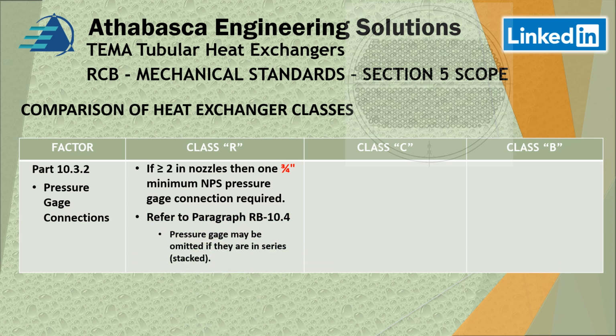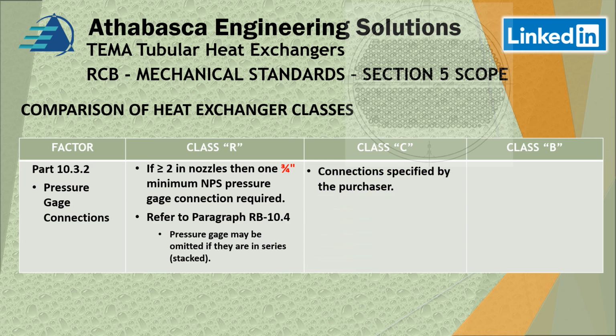And there is a paragraph called 10.4, and we're going to review it in the next slide, but it's about stacked units. If you look at 10.4, they say the pressure gauge may be omitted if they're in series, which to me means stacked.